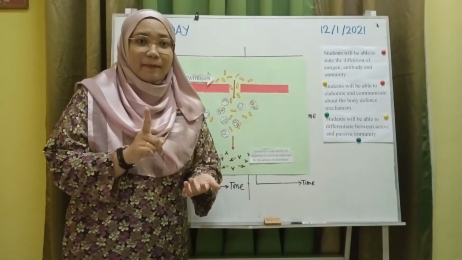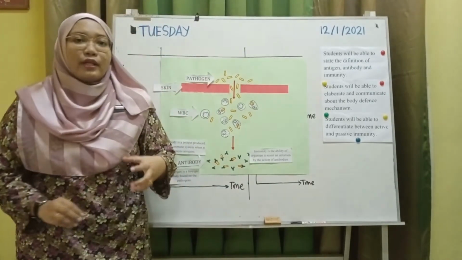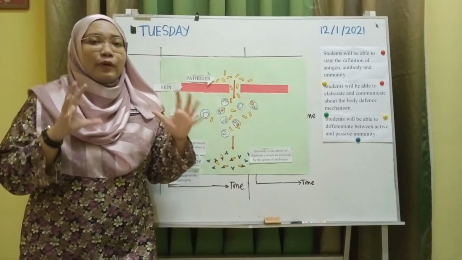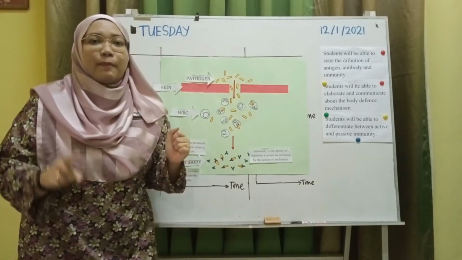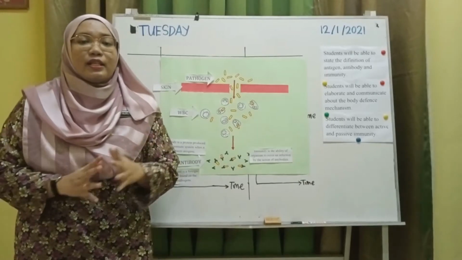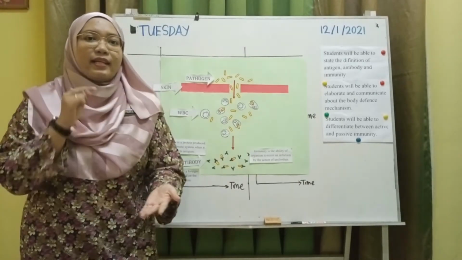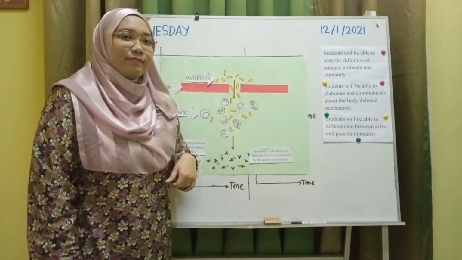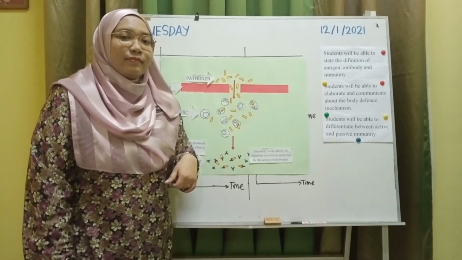However, there is one problem, where this antibody takes a lot of time to be produced to the level that we need. So in order to speed up the production of antibody, we need a process called immunization. Immunization is when the vaccine is injected in our body. Teacher, how can a vaccine give immunity to our body?